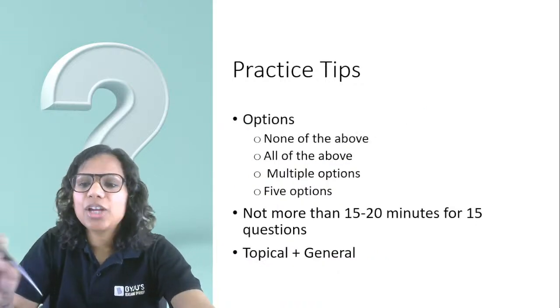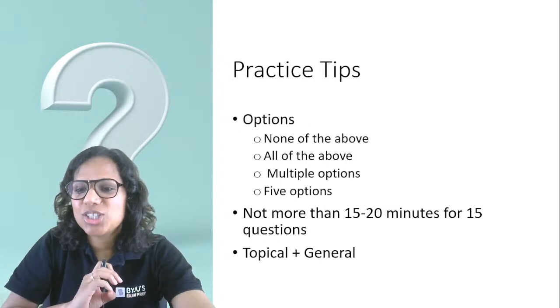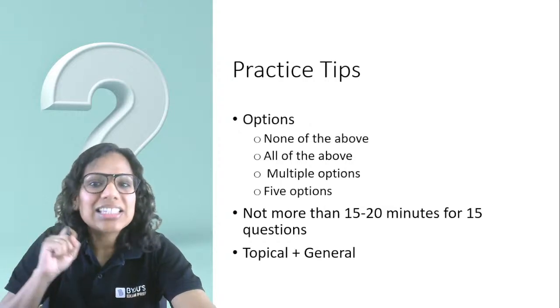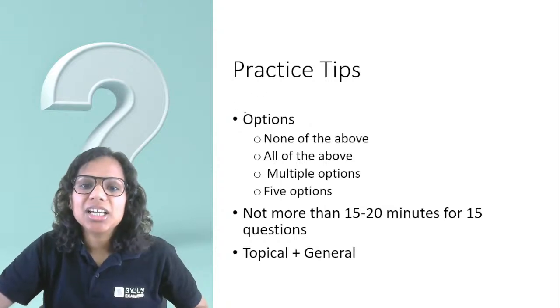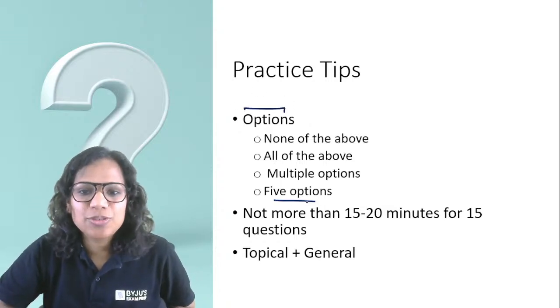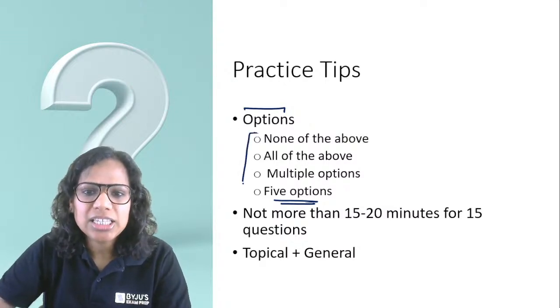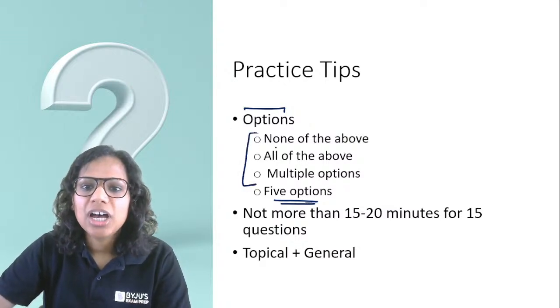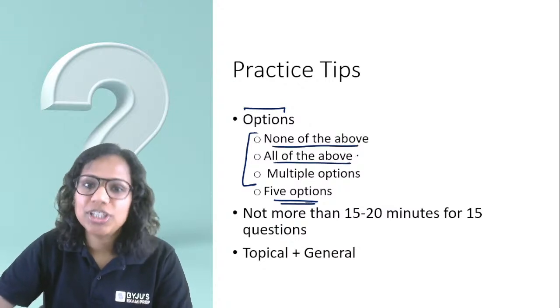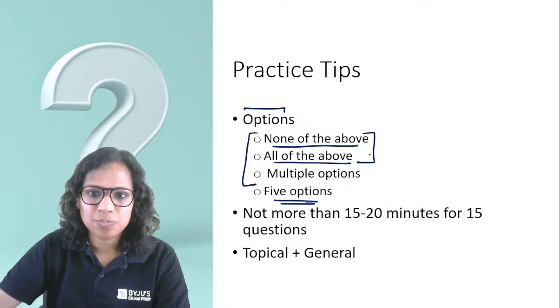Some other things that I observed. Good afternoon, Ashish, Kunal. You have 5 options that everyone is aware of, right? In MHCET, you have 5 options. Now, these 5 options can have options like none of the above, all of the above, right? These options can be present.